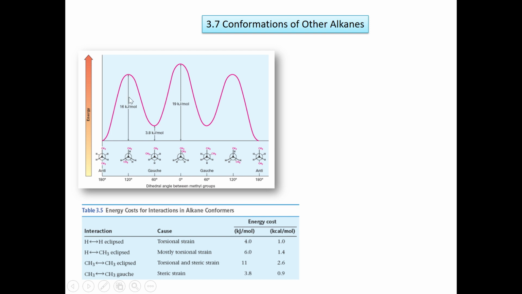Here we have an eclipsed position where each CH3 is in front of a hydrogen. This is a maximum. Then we go down, and we get a minimum, where the two CH3s are 60 degrees one from the other. It is a minimum, but has more energy than the anti-conformation, because this is a gauche conformation.